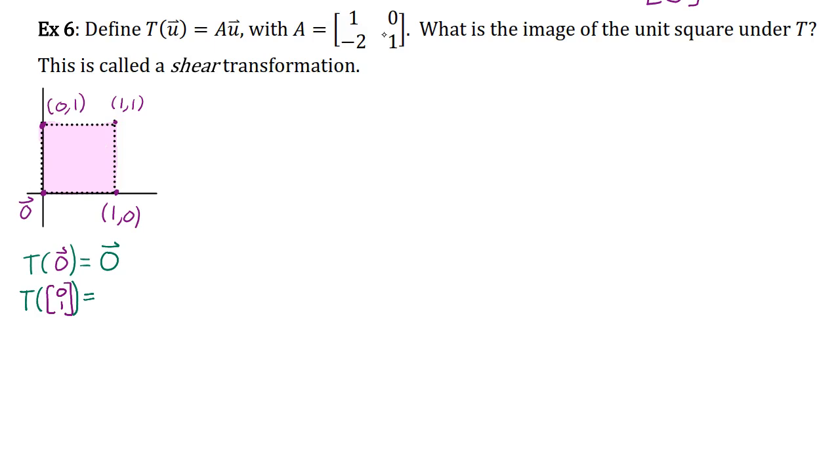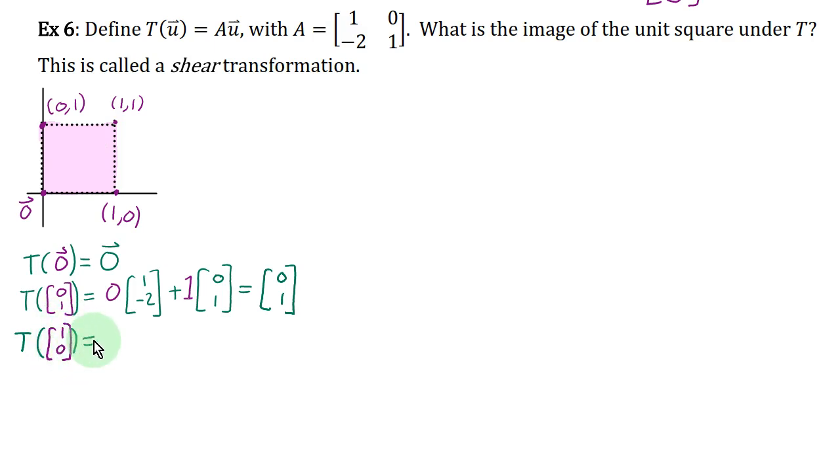But T of (0, 1) is going to be 0 times the (1, -2) vector, plus 1 times the (0, 1) vector. That just gives you (0, 1) as a result. We can do T of (1, 0).